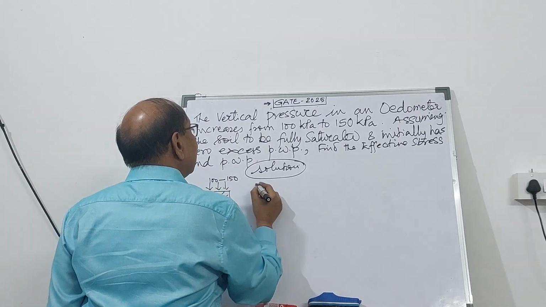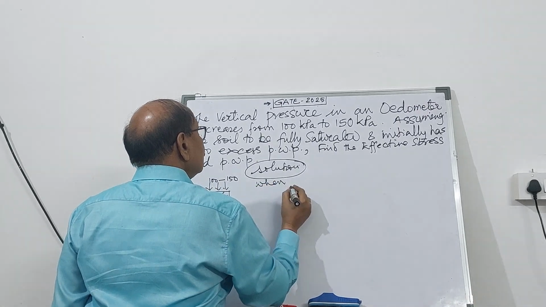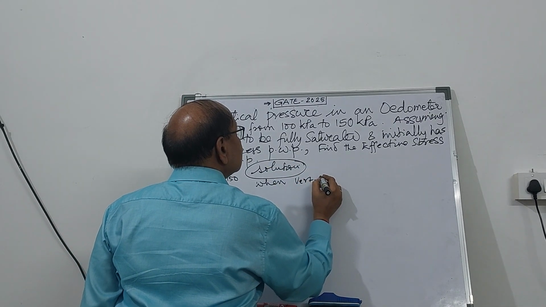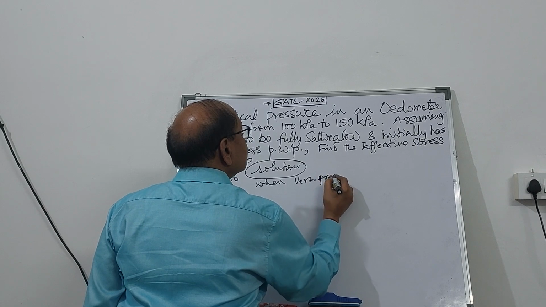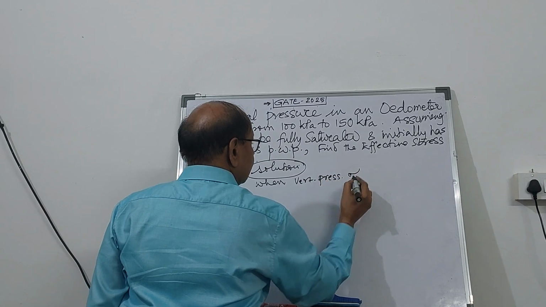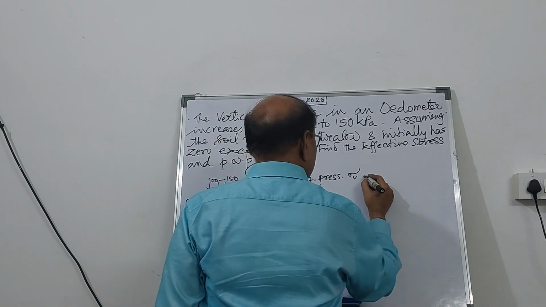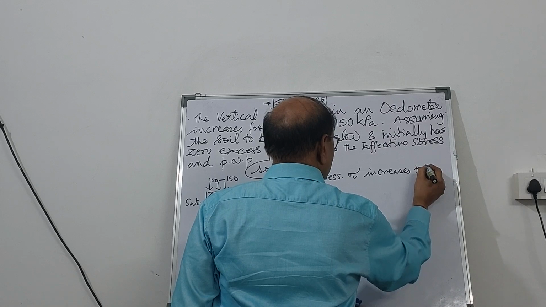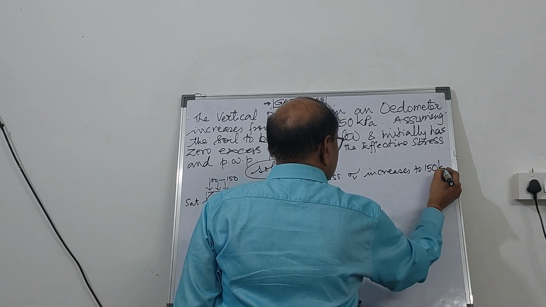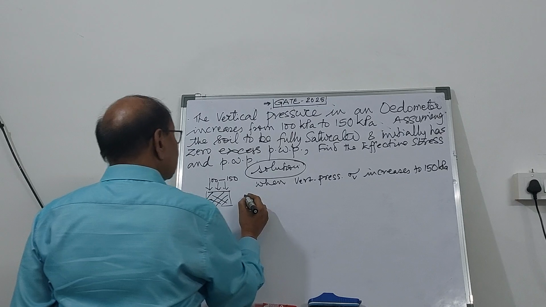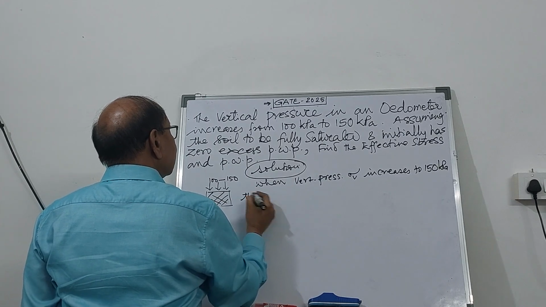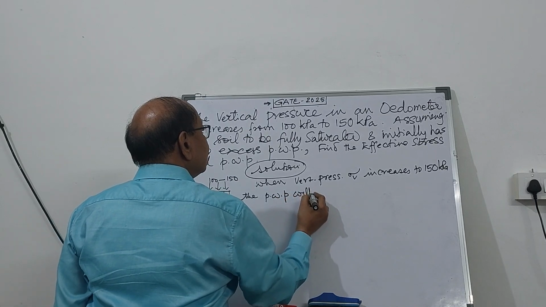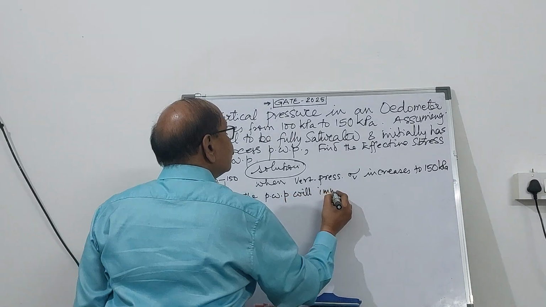So when the vertical pressure sigma V increases to 150 kilopascal, the pore water pressure will immediately increase.